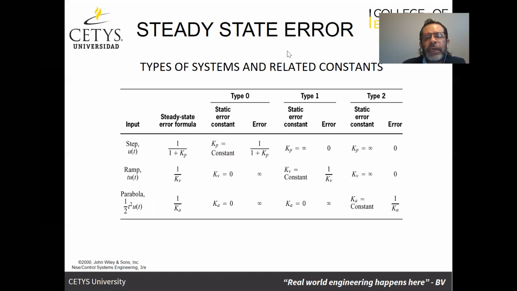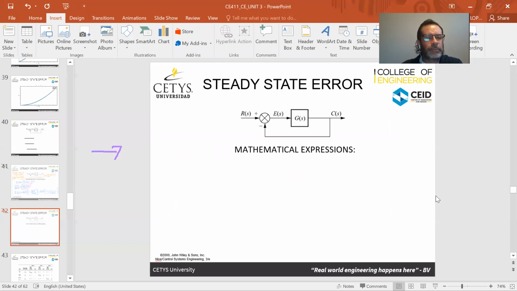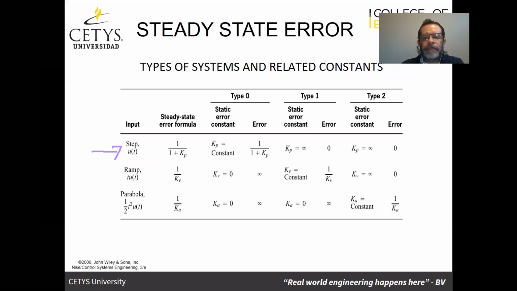So what we have is the following, as a summary. If we have a step input, the steady state error formula is going to be given by 1 plus Kp, where we just have to remember where Kp comes from, which is this expression that we have here. Kp is going to be a constant. And we're going to have three types of systems, type 0, type 1, and type 2.